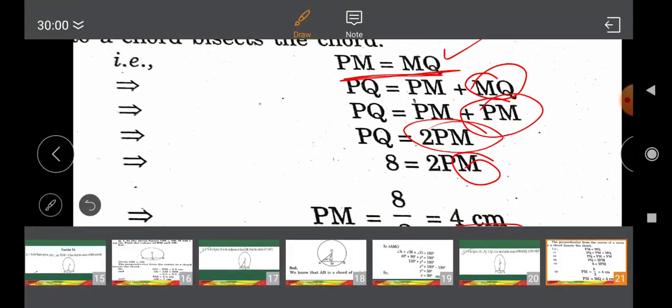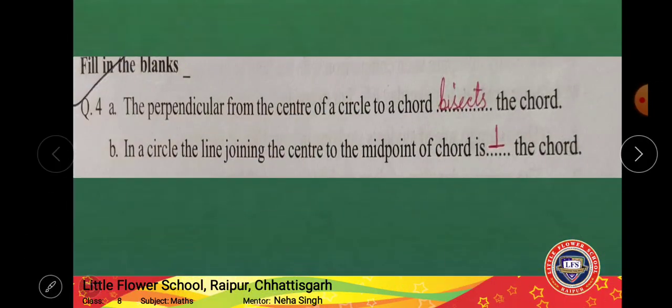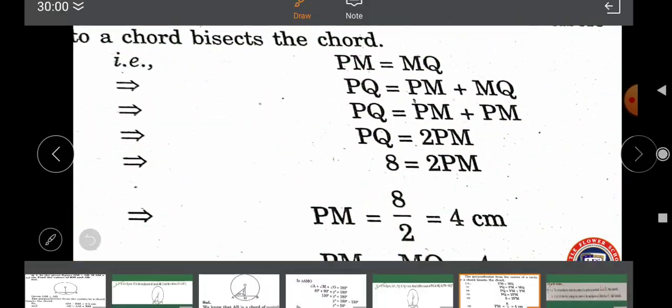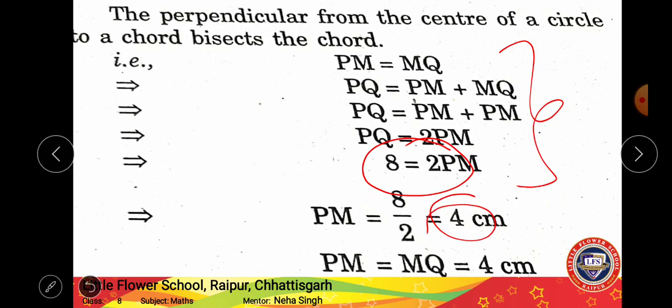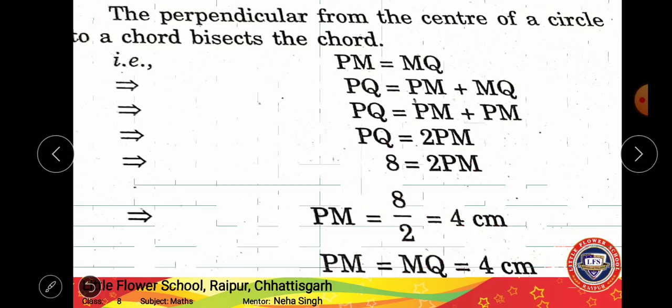That means the value of PM and MQ is 4 centimeter. We knew that the line bisects the chord, but through this also we can clearly see half of 8 is 4, and they are equally divided. So PM equals MQ.